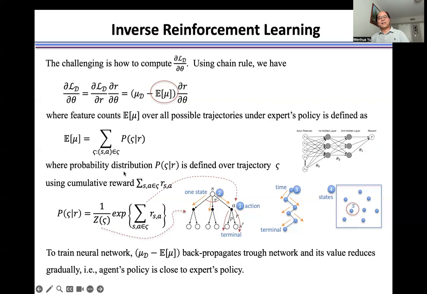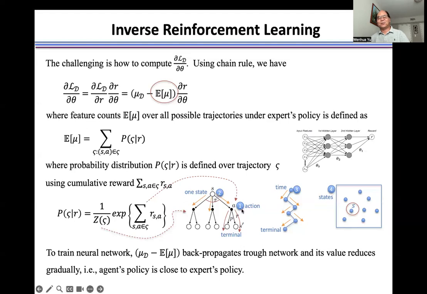From the definition, we know this probability distribution is expressed with this part as a partition function, and this part is an exponential of the cumulative reward over the trajectory sigma. That means the main problem is how we can calculate this partition function. This partition includes all the possible trajectories in the system.